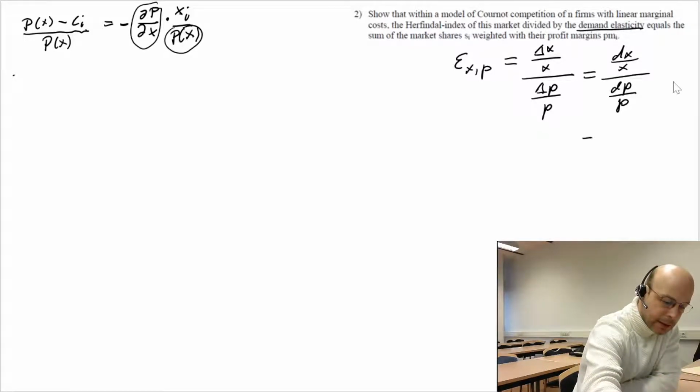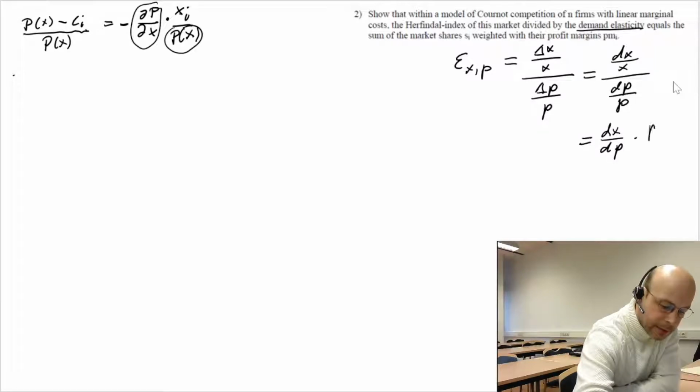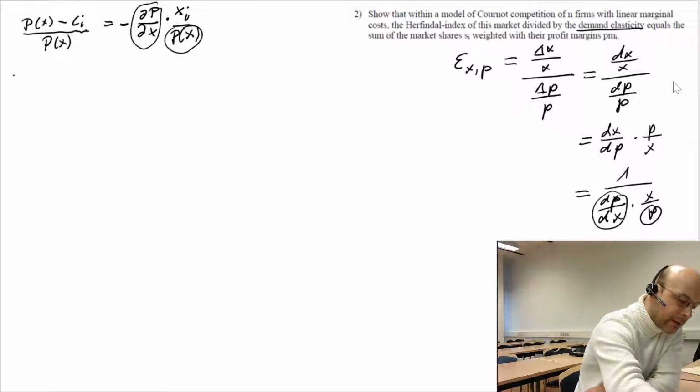So this we can also write as dx over dp times p over x. And this, of course, is 1 over dp dx, taking the inverse, x over p. So this and this we have here already.